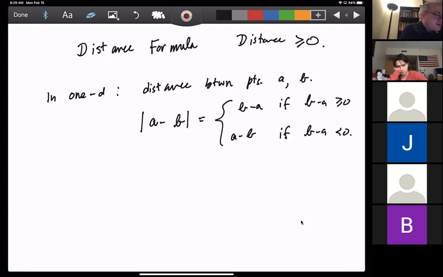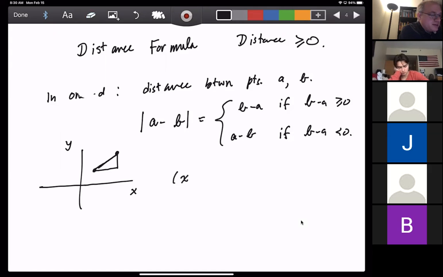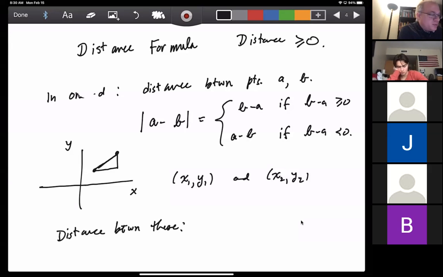And that's essentially what we want to generalize in 2D. If we've got 2 points in the plane, we want to know this distance. We can get that by building a triangle. So if we have 2 points, x1, y1, and x2, y2, we can get the distance between these 2 points by building this triangle.